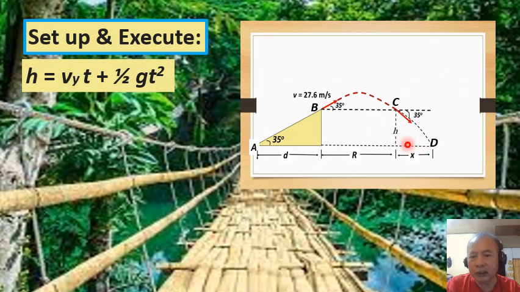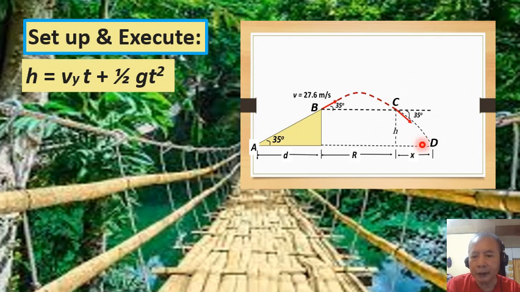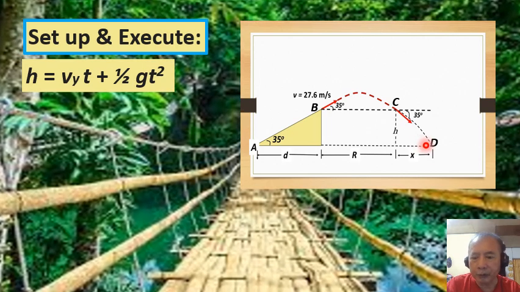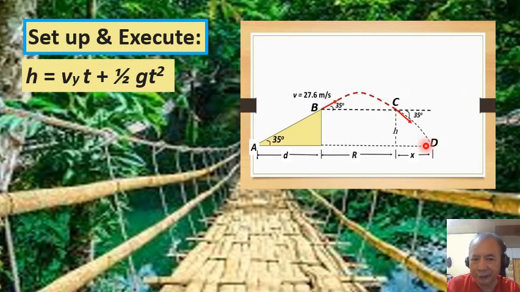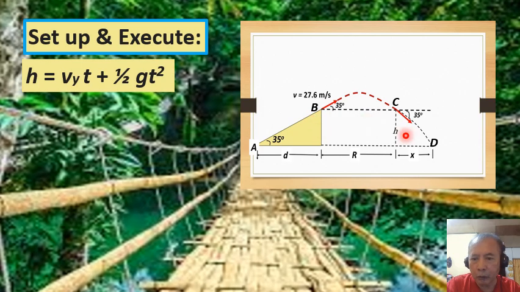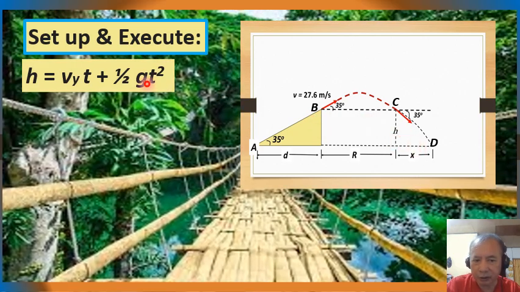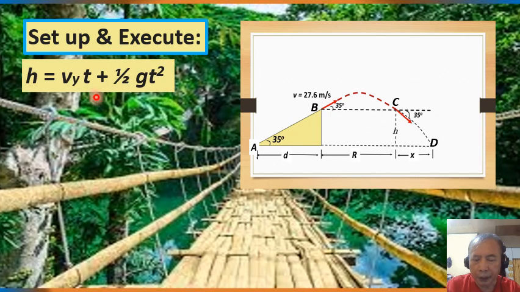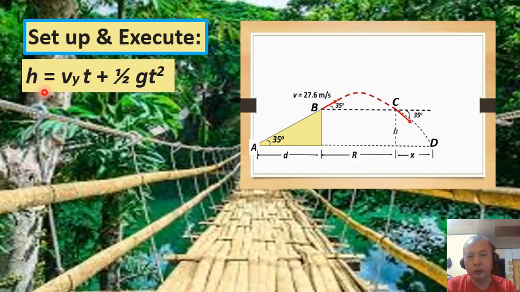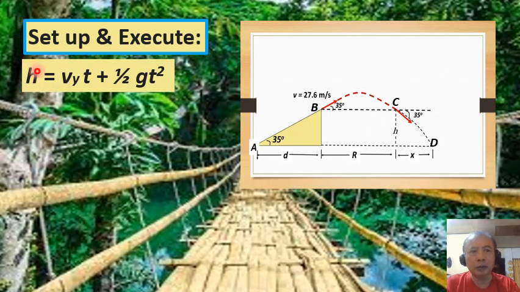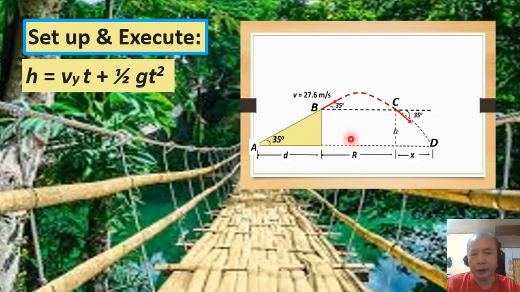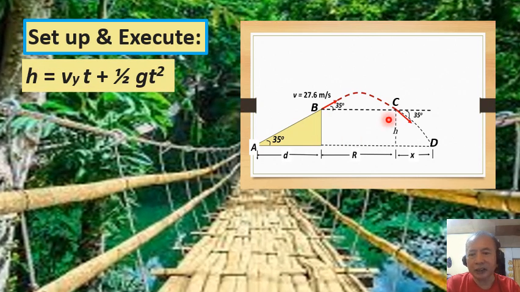Since we don't know what the final component of the velocity is, it's not given, but we know the height is small letter h. So the appropriate formula that we can use is the kinematics formula expressing that height h.